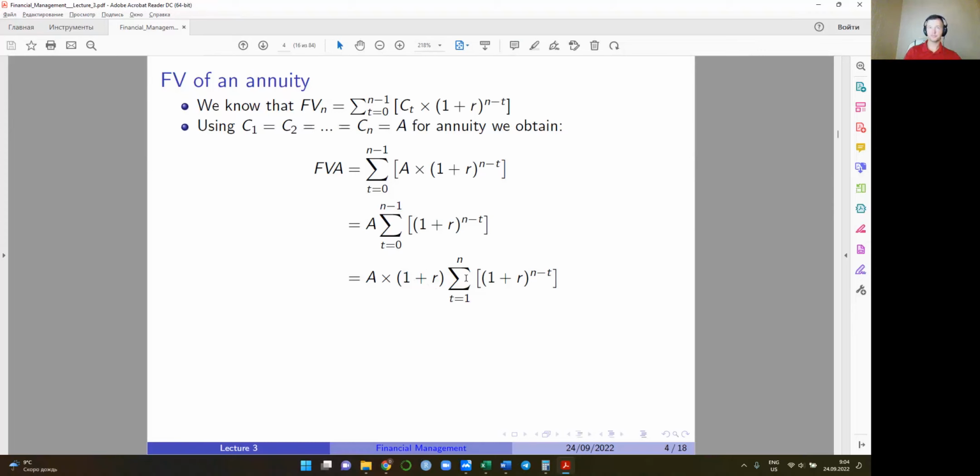So now, this sum is a sum of geometric series. I hope you remember something like this from your school mathematics. And this is a convergent geometric series. Convergent means that it goes down. And since this is a finite sum, it doesn't matter whether it converges or diverges.